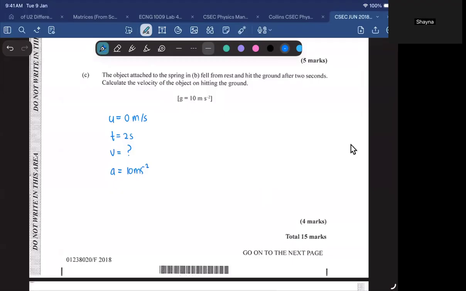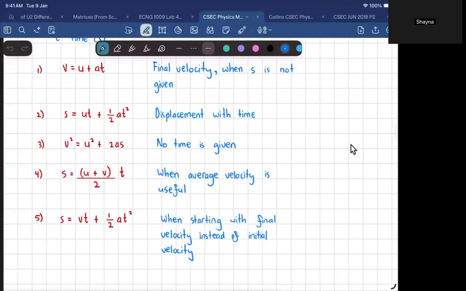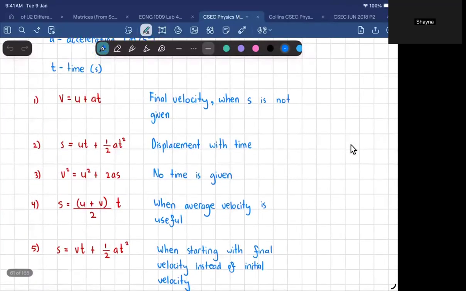We find velocity, so v squared equals u squared plus 2as. Okay, let's go back. What does it say for that formula? You use it when... no, we got time.